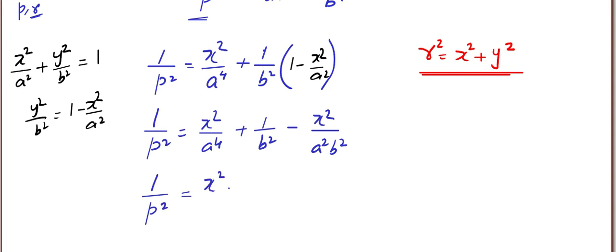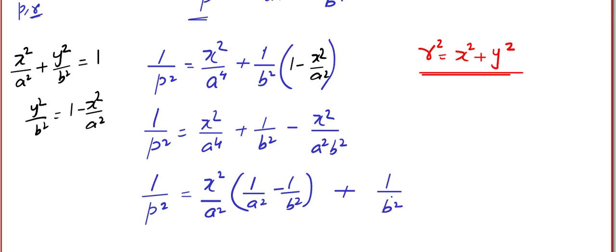x square common, then yeah, a square also common. So we get 1 by a square minus 1 by b square plus 1 by b square.